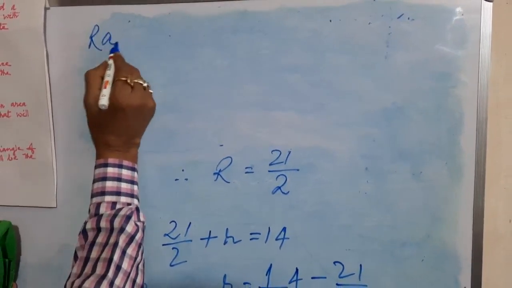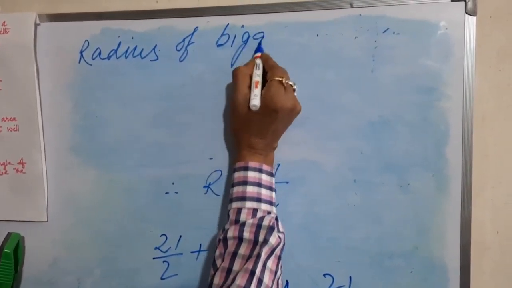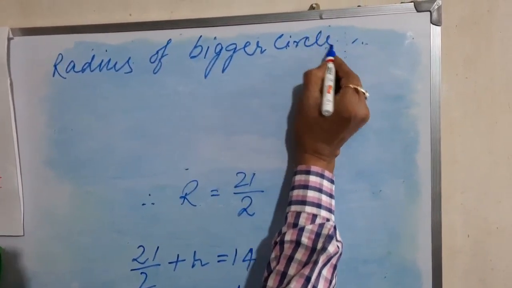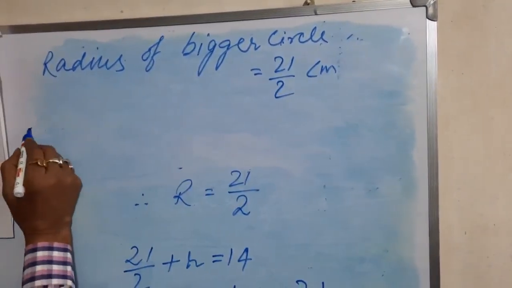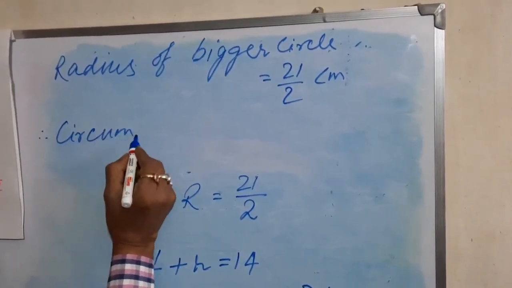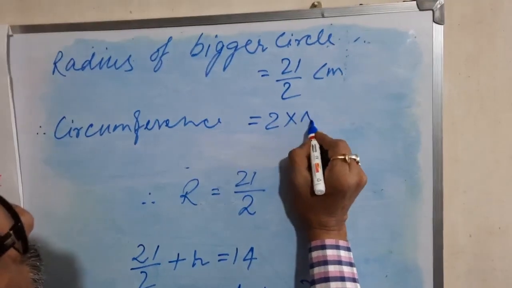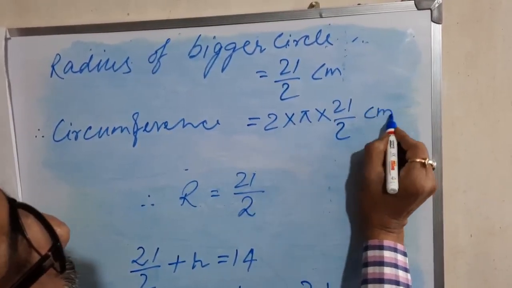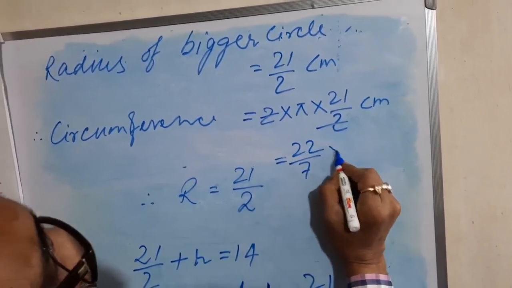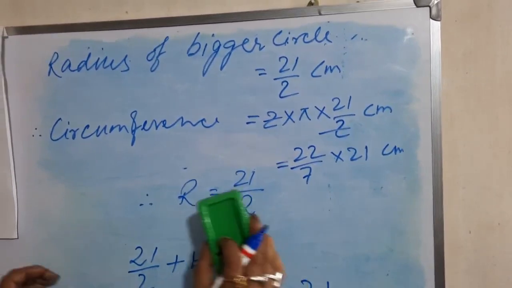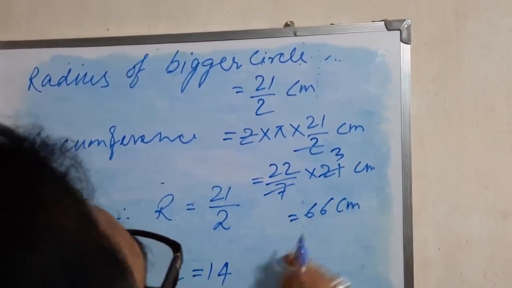The circumference of the bigger circle is equal to 2 into pi into 21 by 2 centimeters, which is equal to 22 by 7 into 21 centimeters, which is equal to 66 centimeters.